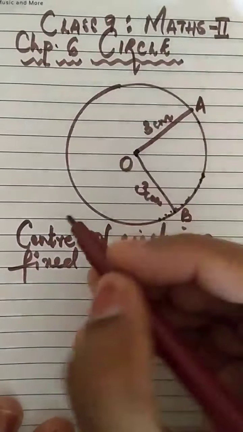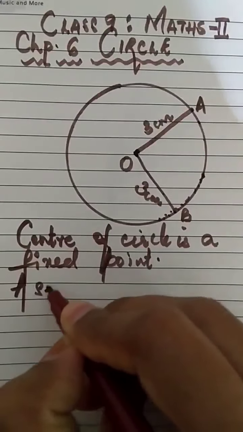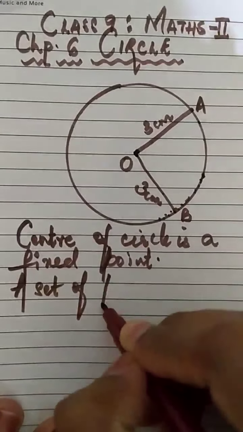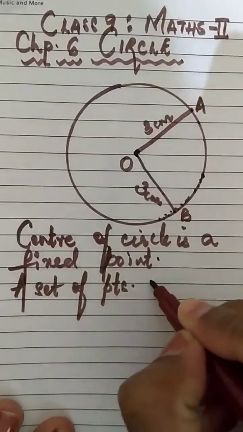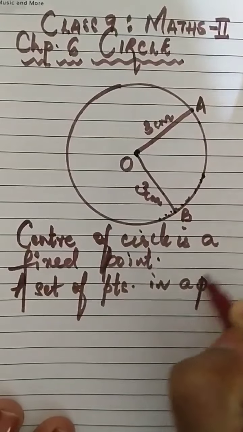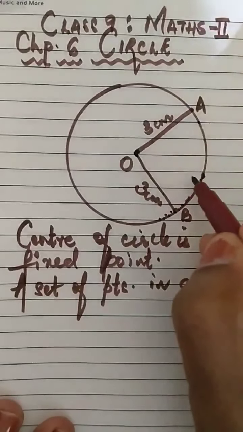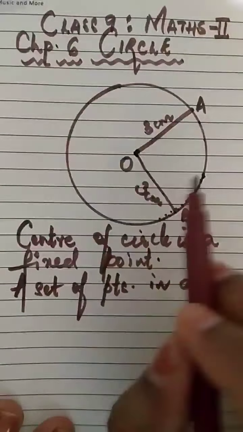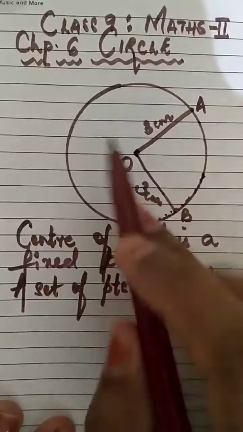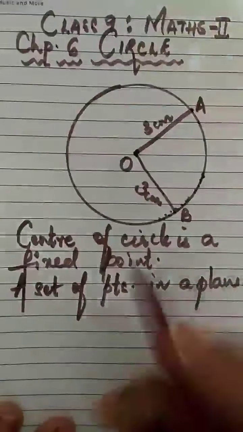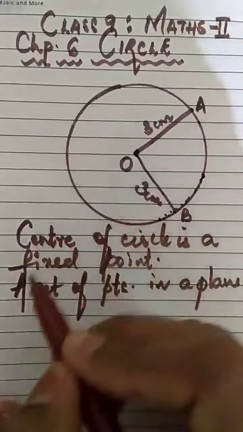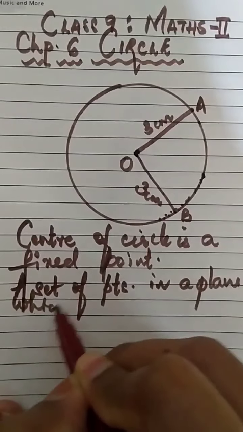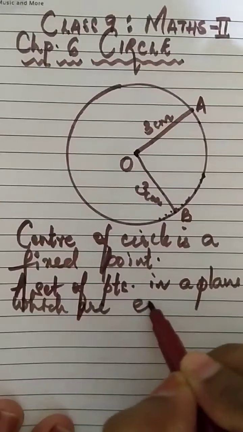How will I put it in words? A set of points in a plane. One point is here, one point is in your book, that will not do. Set of points in the same plane which are equidistant.